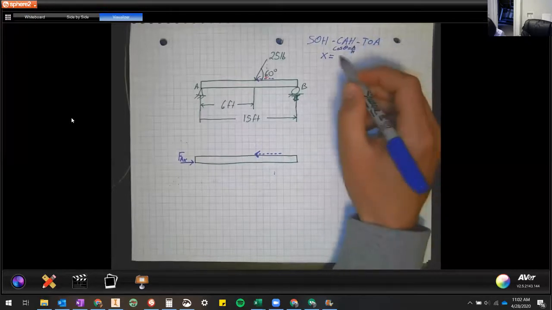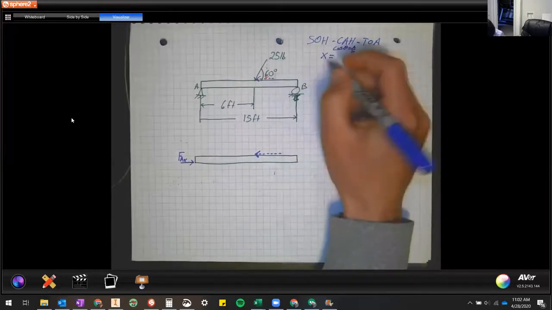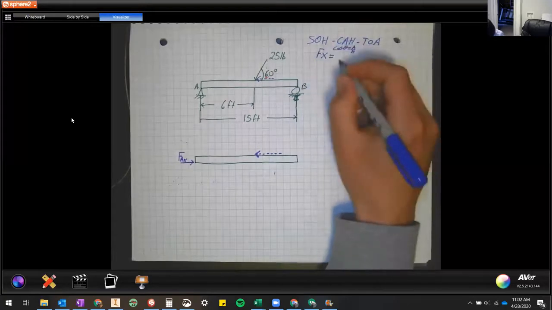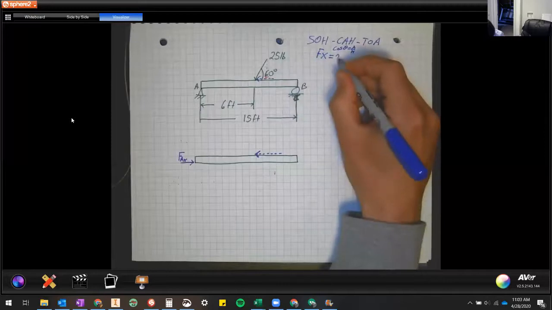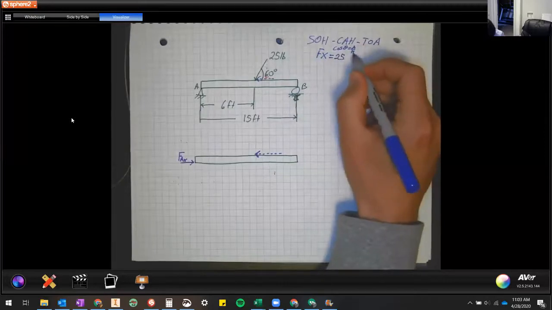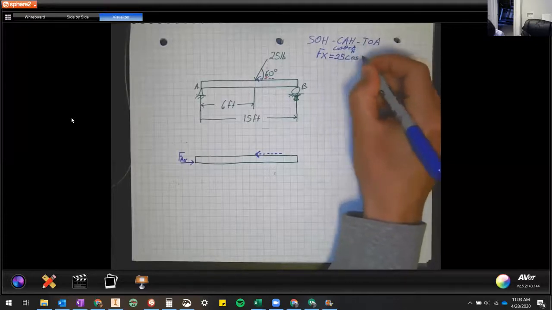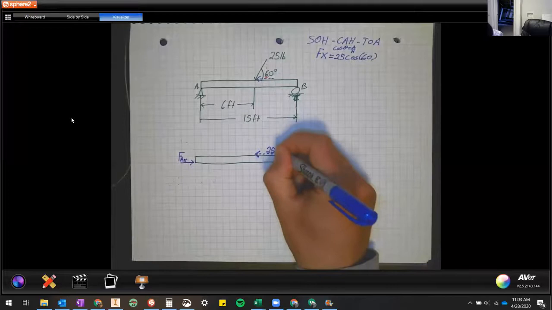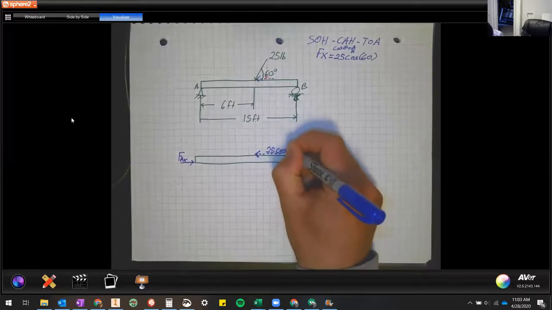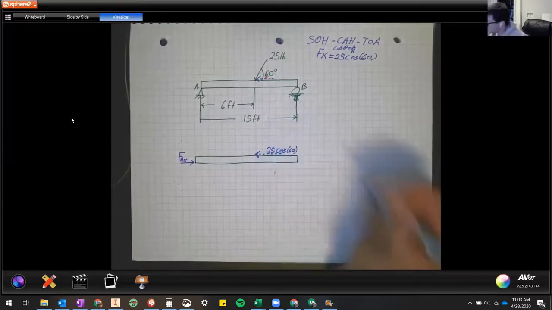And so x is my adjacent side, so I'm going to say Fx is equal to my hypotenuse, which is 25, times, I would move that over, times the cosine of 60. So 25 cosine 60 is what that force would be.